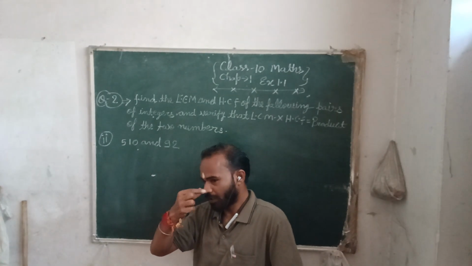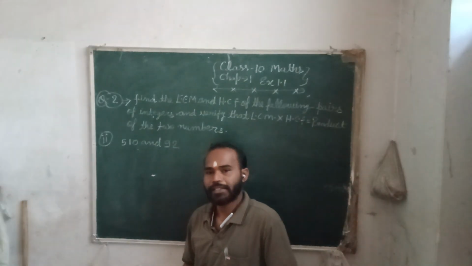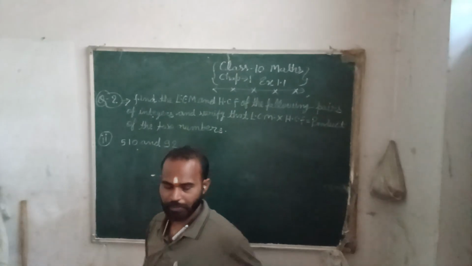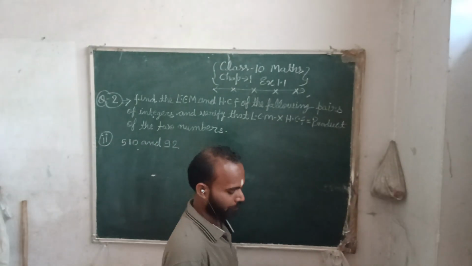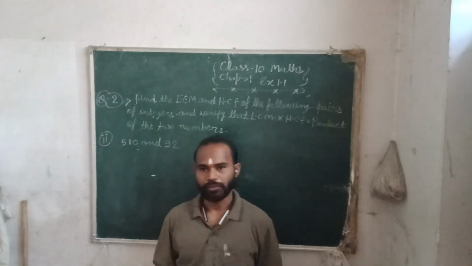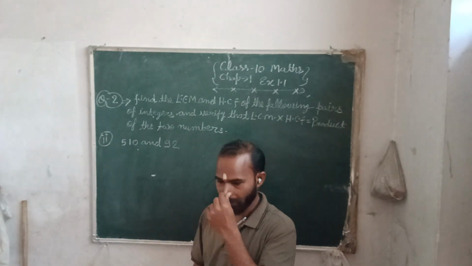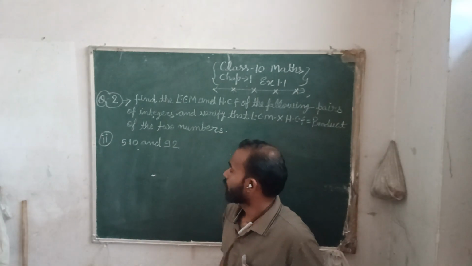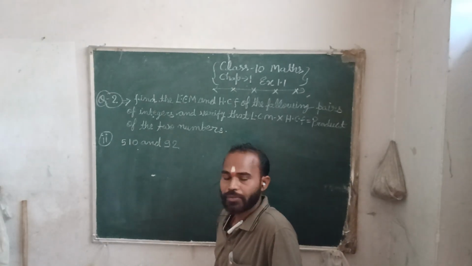What does this heading say? This heading says to find the LCM and HCF. You already know, my dear students, what LCM and HCF are. So I will find the LCM of the pair already given in your questions, 510 and 92.